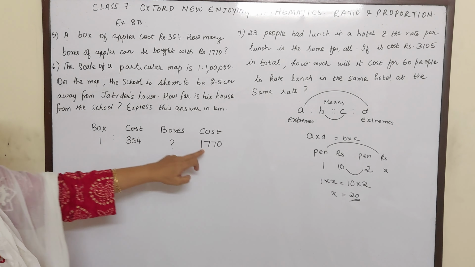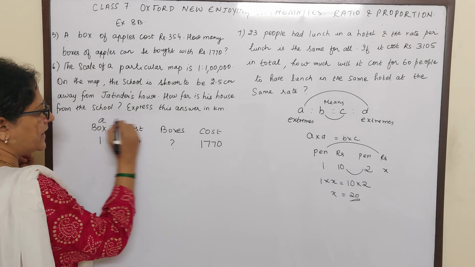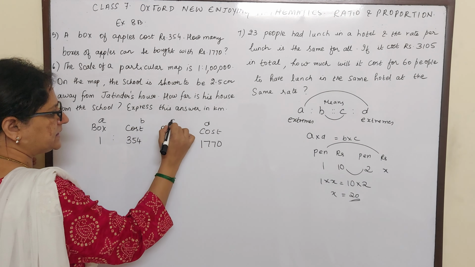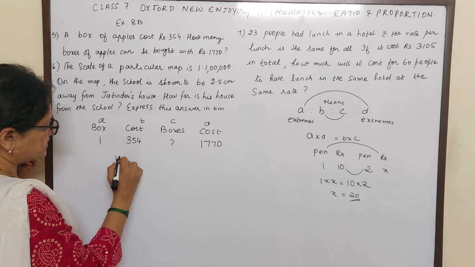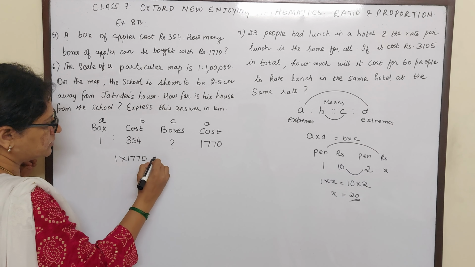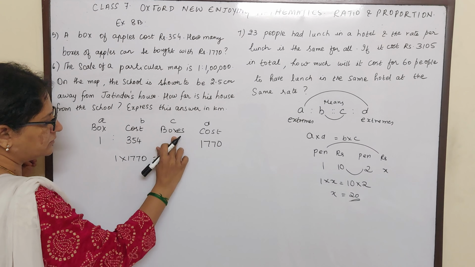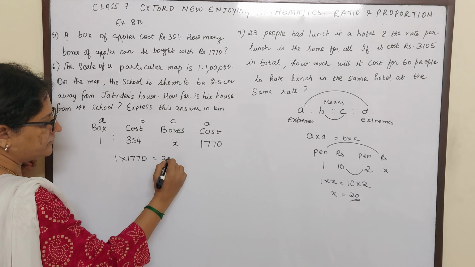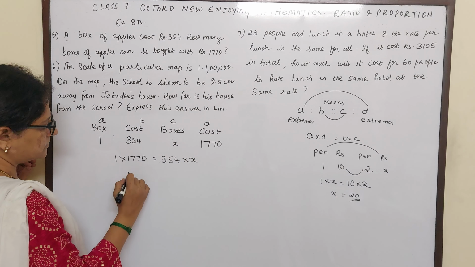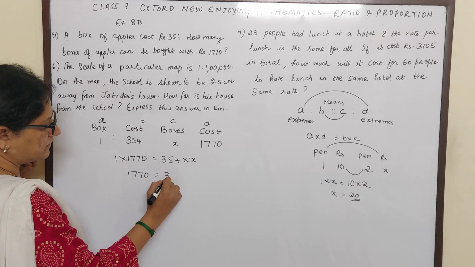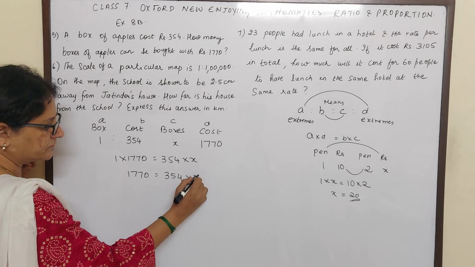Again, box should come first in the order, and then cost. So 1 and 1770 are the extremes, and this is the means. So 1 into 1770 should be equal to 354 into, let me take this as x, 354 into x. So if I multiply, I will get this, right?